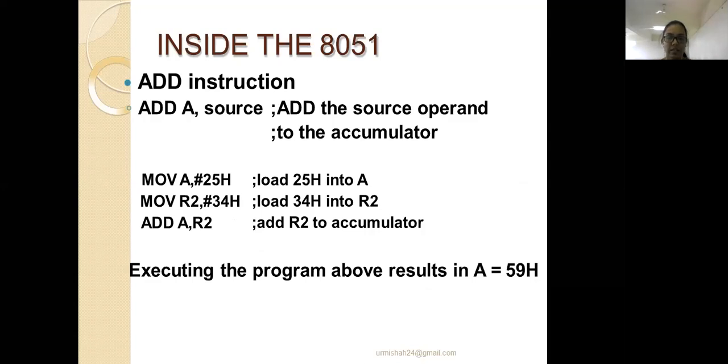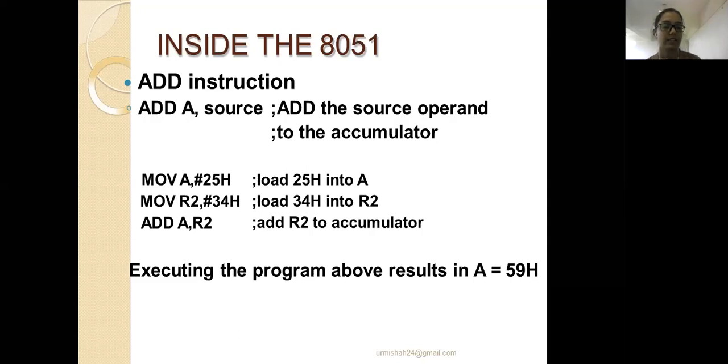The next instruction is the add instruction. Now the add instruction will perform addition of source register data and destination register data, and it will save the final answer or output after addition in the destination register.